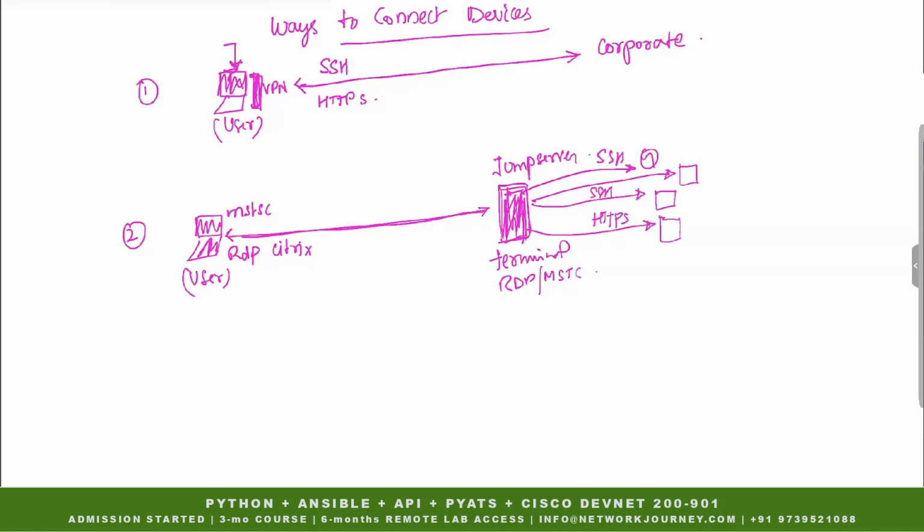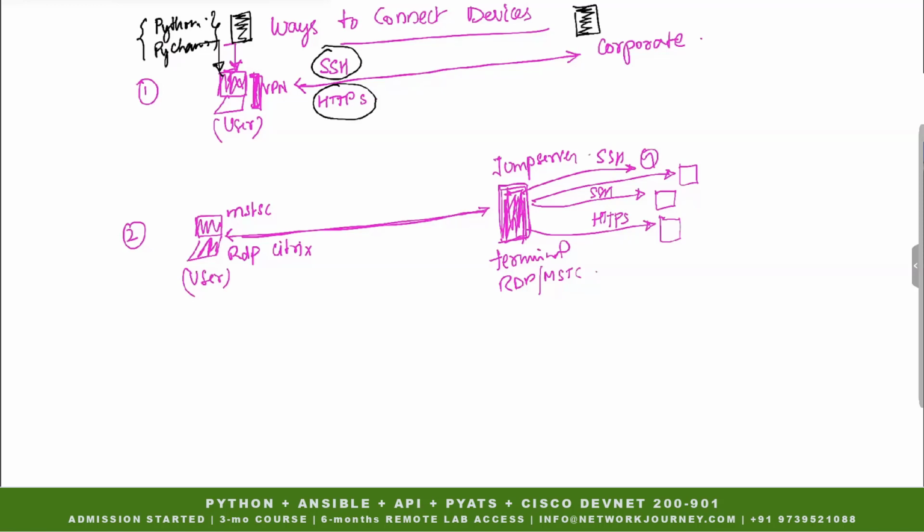Okay. Now there is one challenge with the second environment, not the first, because the first is very simple. Since he has SSH, as soon as he connects to the VPN, he can install all the add-ons like Python, PyCharm, required libraries, etc. He can prepare a script and push it to the devices over SSH or HTTPS.